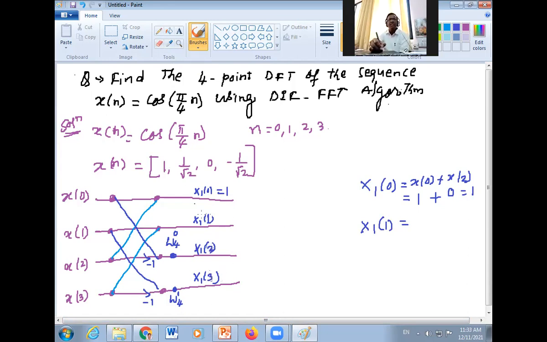Then x1 of 1 equals x of 1 plus x of 3. The value of x of 1 is 1 by root 2.